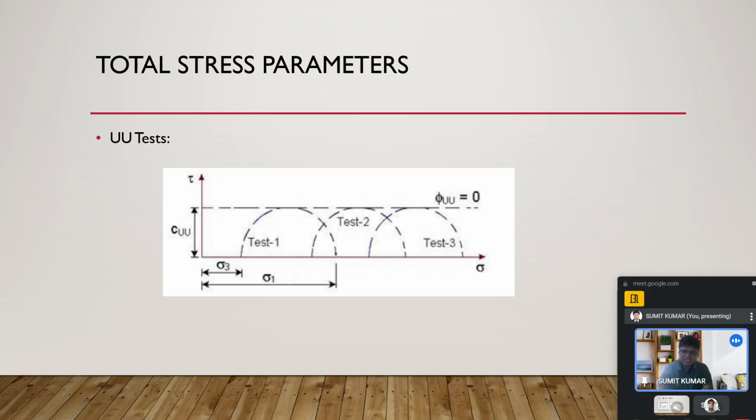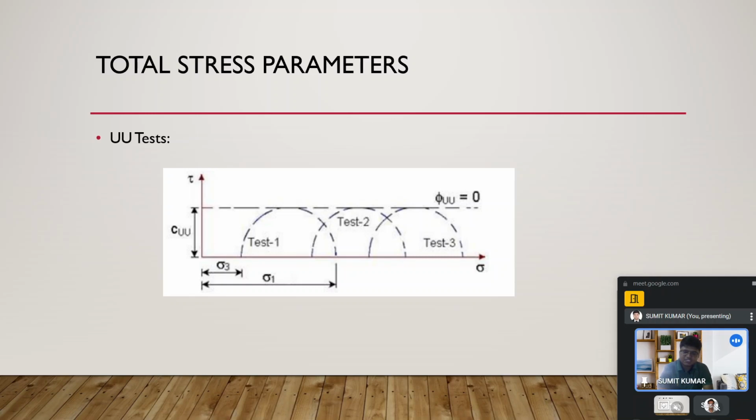Afterward, on changing the value of sigma 3, sigma 1 is found again, and that gives the radius of the Mohr circle as the same. Hence, the circle gets plotted in a similar manner. Similarly, test 3 also gives the same result. When we draw the tangent, it will give the value of cohesion.